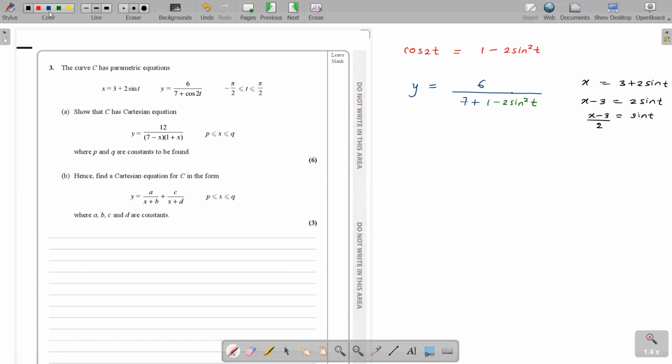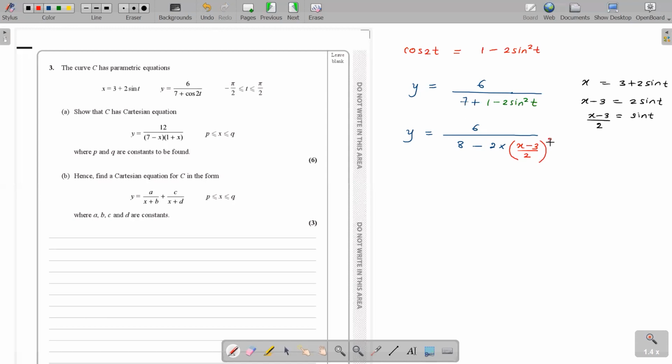Shall we input that value? 7 plus 1, shall I input as 8? 7 plus 1 is 8. Minus 2 times, who is sine squared? x minus 3 over 2. Not just that, squared. So a whole bracket around this and a square.